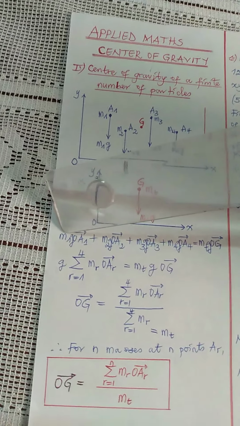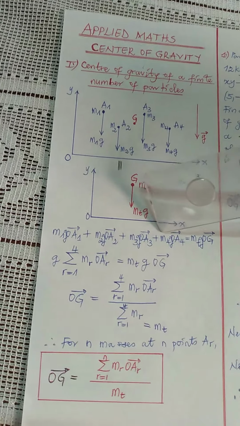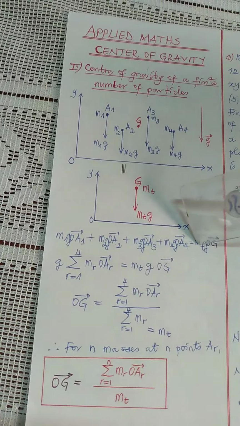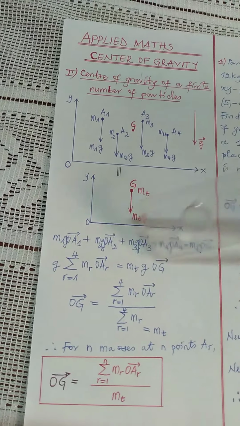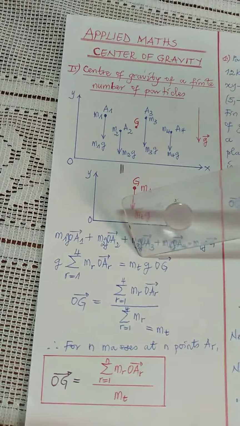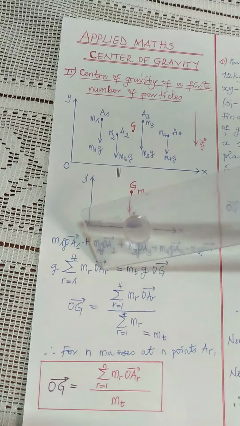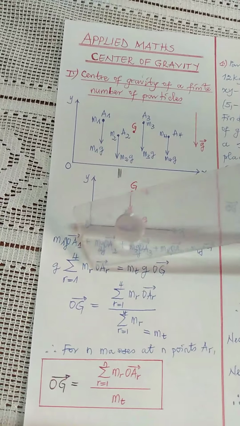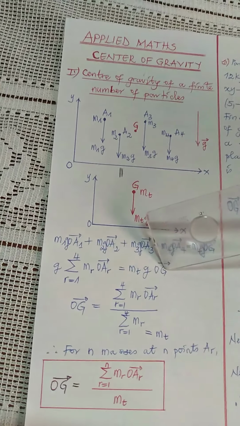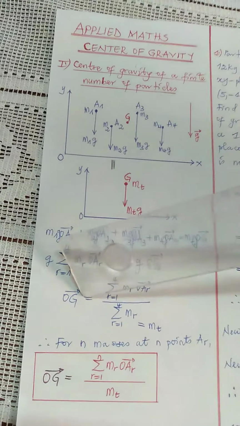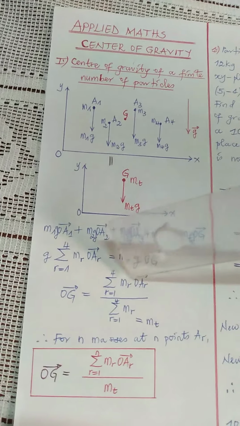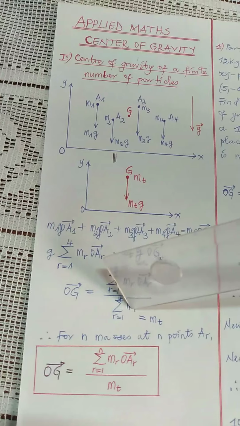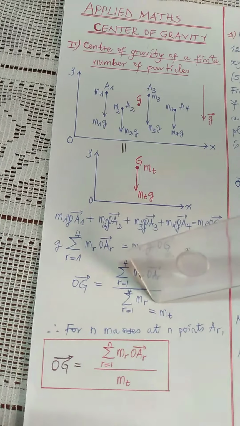So the sum of weights times the position vectors equals the weight at G times its own position vector. So the gravitational field strength g simplifies out, and then we have a sum from 1 to 4 of masses times position vectors equals that. So from there we can get that the position vector of G is the sum of masses times position vectors all over the sum of masses, or total mass.